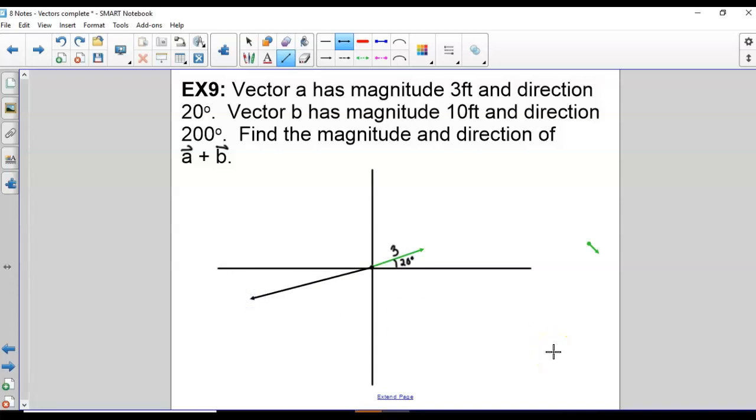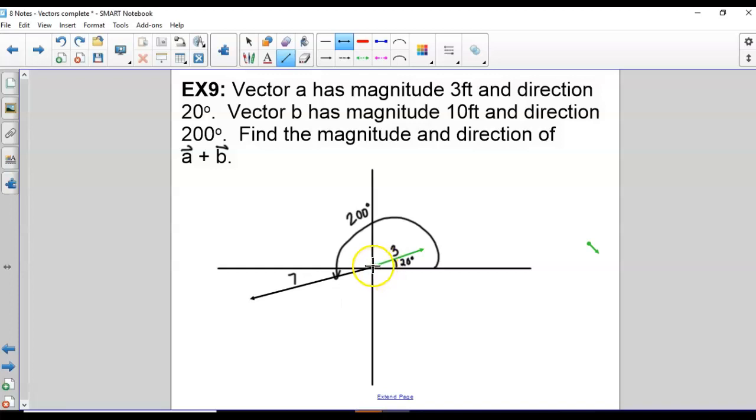And 20 and 200 are opposite of each other. So this problem becomes weird because we can't really make a triangle with this because those two angles are just in opposite directions. So in this case, it's almost like a tug-of-war game.